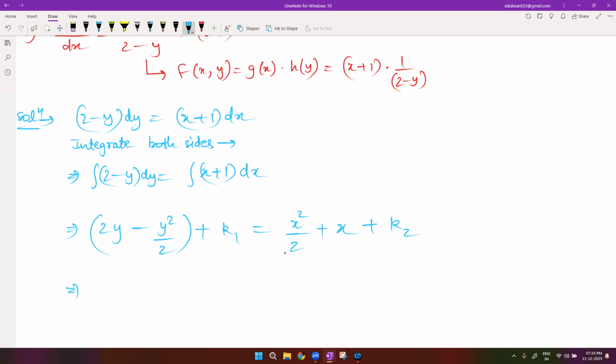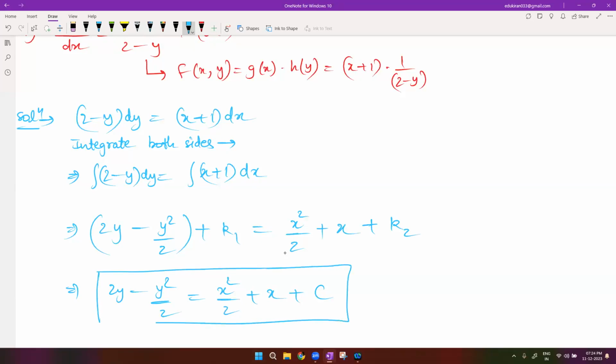So rather than writing a constant on both sides, we only use one single constant. किसी भी साइड यूज कर सकते हो, लेफ्ट हैंड साइड या राइट हैंड साइड, it's your choice, but yes, this is the general solution of the given differential equation.